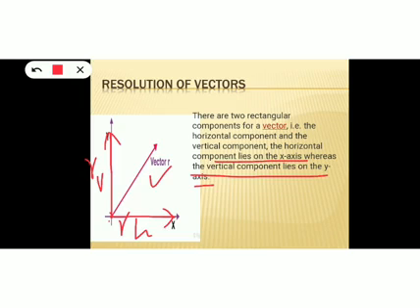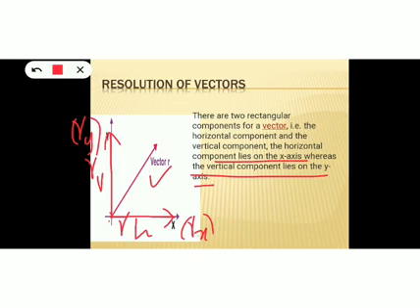Sometimes this horizontal component can also be represented by Rx, because it is along the x-axis, and the vertical component can also be represented by Ry, because it is lying along the y-axis.